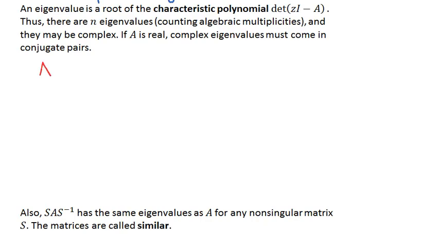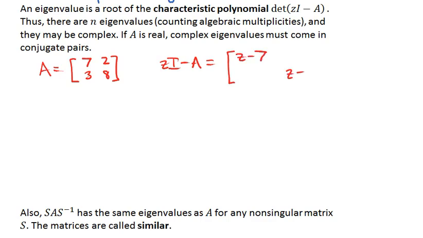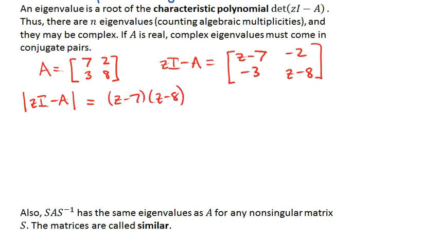As an example, suppose we have this matrix. We take zI minus A, so that's z minus 7, z minus 8 on the diagonals, minus 2 and minus 3 on the other entries. Take the determinant, and we get quantity z minus 7 times z minus 8 minus negative 2 times negative 3.